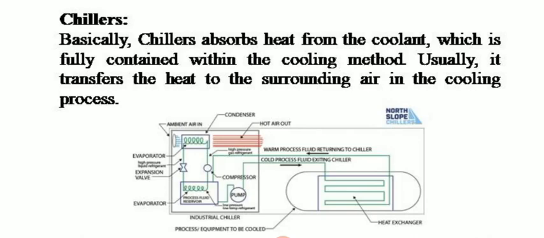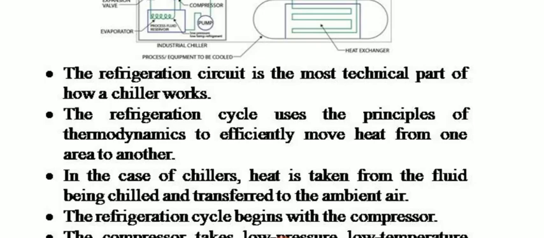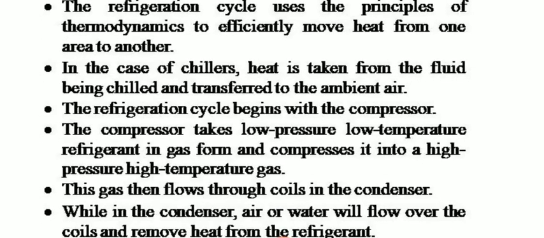So the heat is taken from the fluid, particularly maybe water or the coolant liquid, and it is transferred to the air. The refrigeration cycle begins with the compressor. The compressor takes low pressure, low temperature refrigerant in gas form and compresses it to high pressure and high temperature gas.